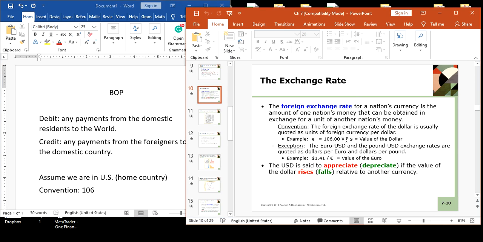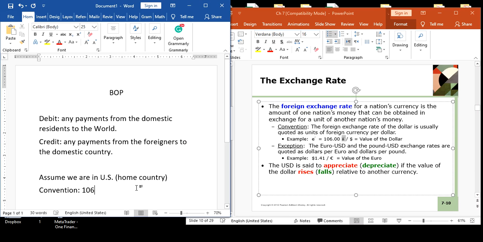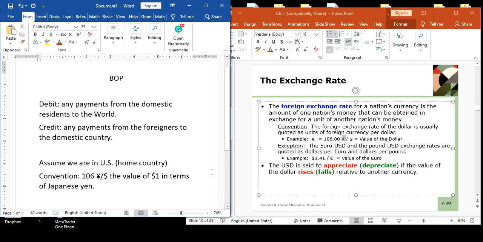Anyway, let me copy this symbol because it's not easy to find now. So how do we read that? It's the value of $1 in terms of Japanese yen.